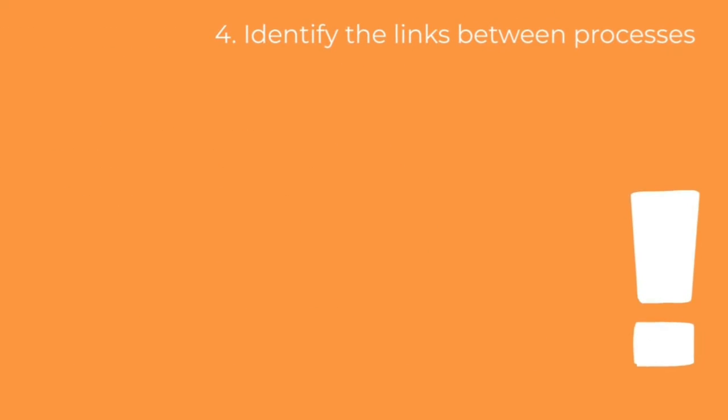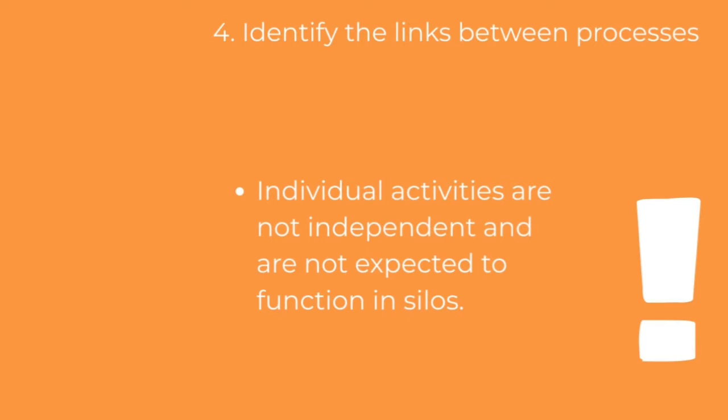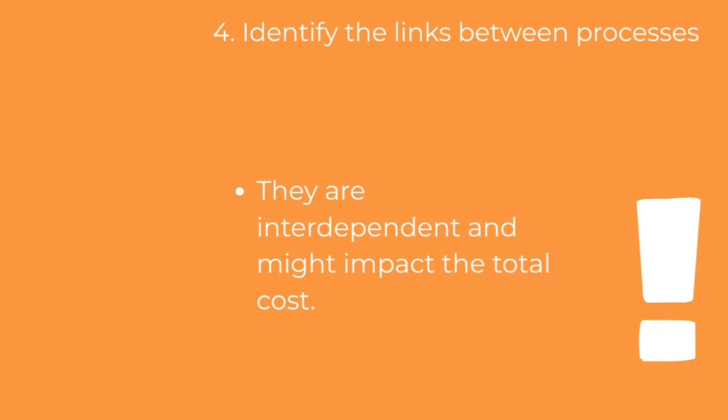Identify the links between processes. The value chain analysis considers individual value activities as separate and discrete. However, the individual activities are not independent and are not expected to function in silos. Most activities within a value chain are interdependent, and the linkages between the various activities might impact the total cost.